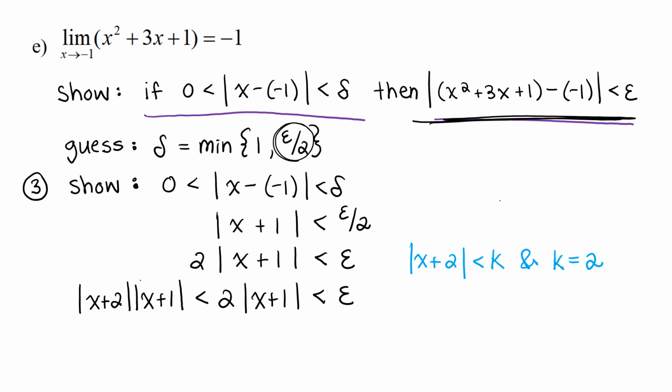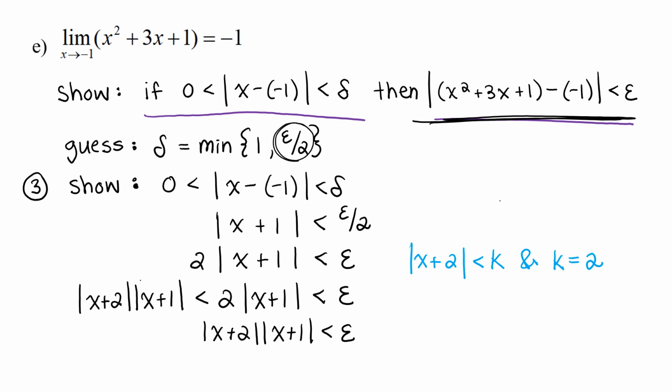So we don't have to worry about this middle part because we're just trying to show this being less than epsilon. So we have the absolute value of x plus 2 times the absolute value of x plus 1 is less than epsilon.